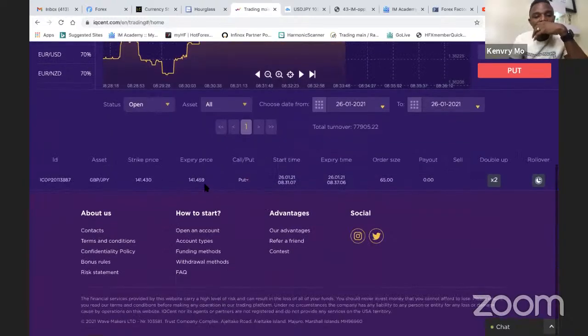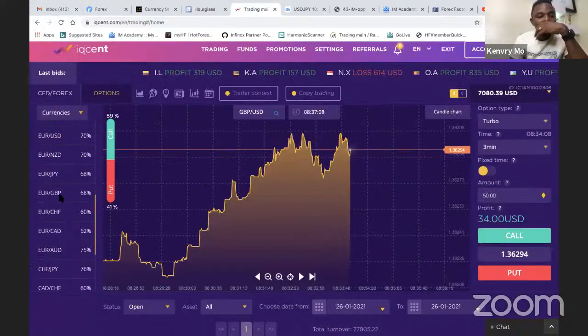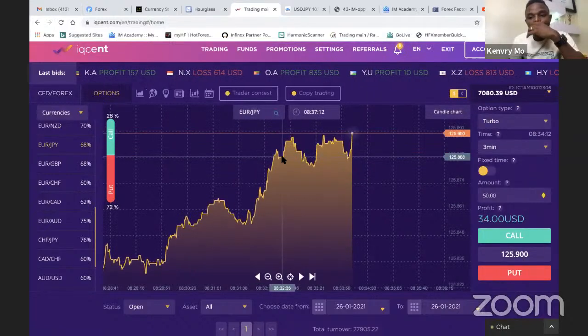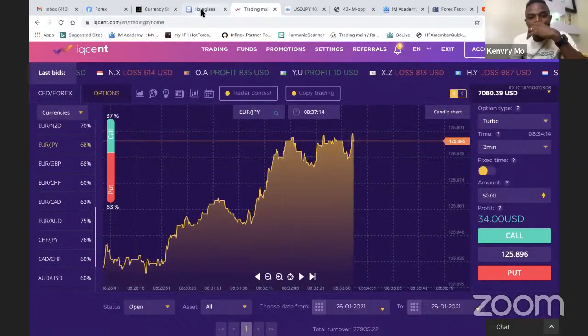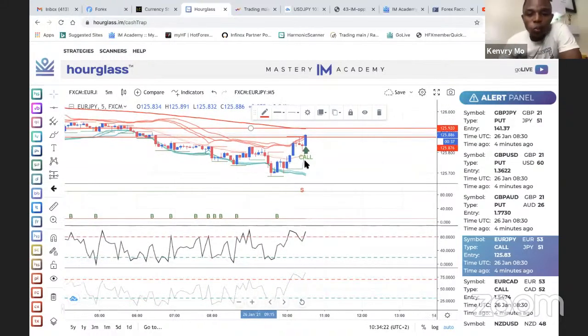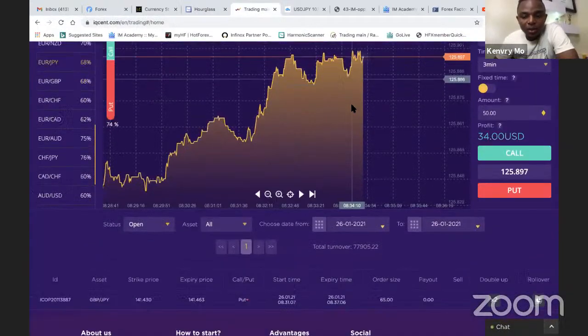Wow, this guy just. At the close of this candle, I think this thing is going to start dropping. See that JPY is getting weak because everything is moving against JPY.